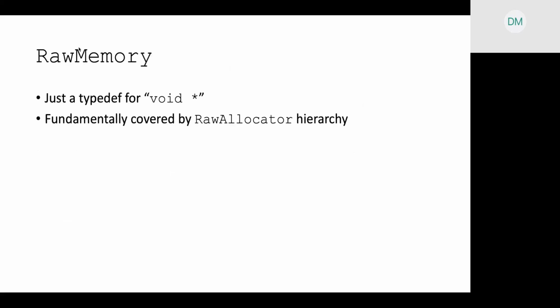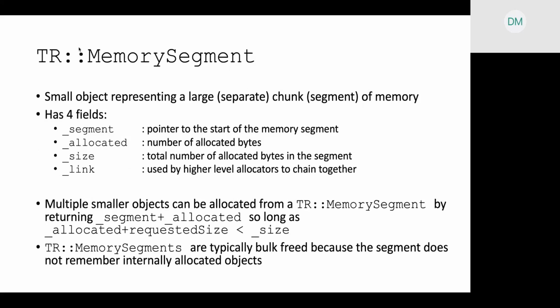It's just a blob of memory that you reference via a pointer. And this is really what the RawAllocator part of the hierarchy deals with, which, if you are already familiar with the memory allocation stuff in the compiler, or if you listen to the rest of this presentation, you'll see how RawAllocator all fits together.